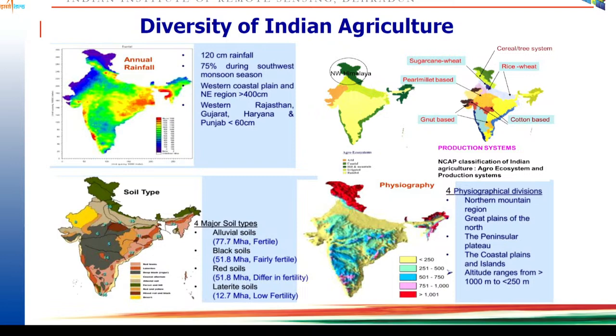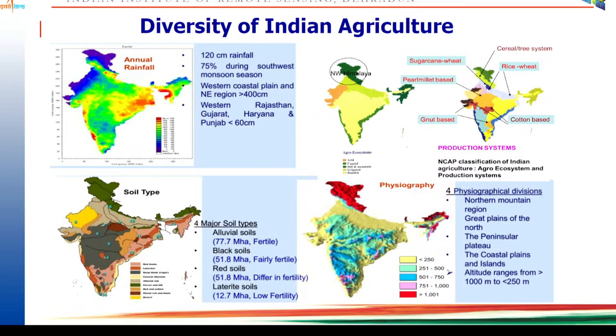So you can see there is also large scale diversity with respect to the cropping system practiced across India. There is sugarcane-wheat system, groundnut-based system, cotton-based system, rice-wheat system dominantly in the Indo-Gangetic plain. So that all depends upon the climatic requirement, soil requirement, and physiography for different kinds of crop practice across the region.